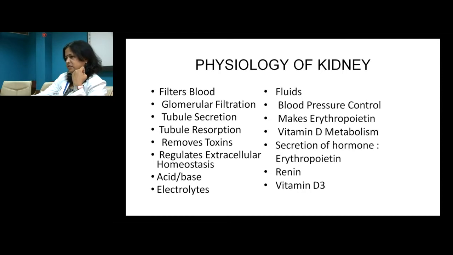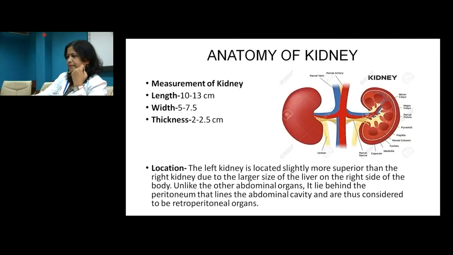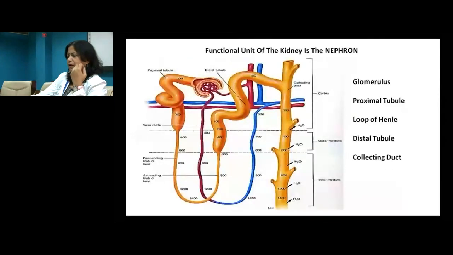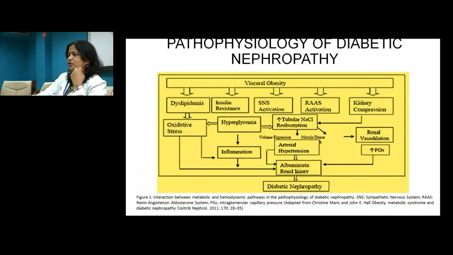This is the anatomy of the kidney, and this is how the kidney functions inside our body. This is the pathophysiology of diabetic nephropathy, the pictorial diagram of what happens if the person suffers from diabetic nephropathy.